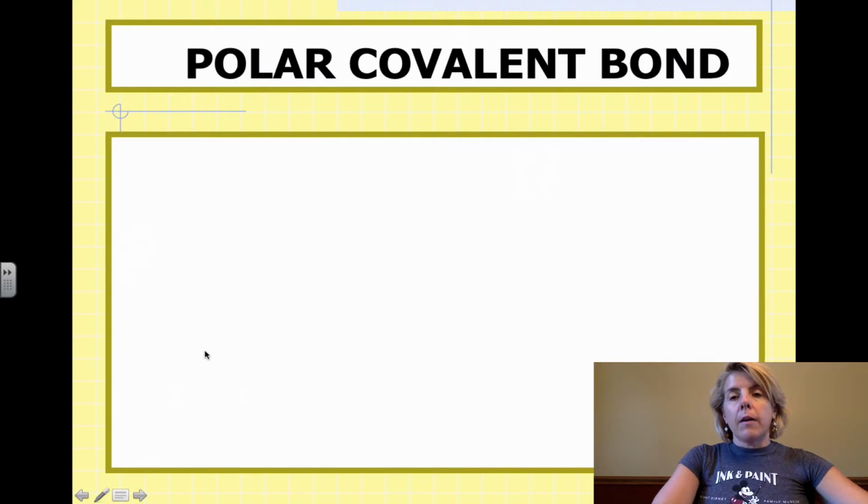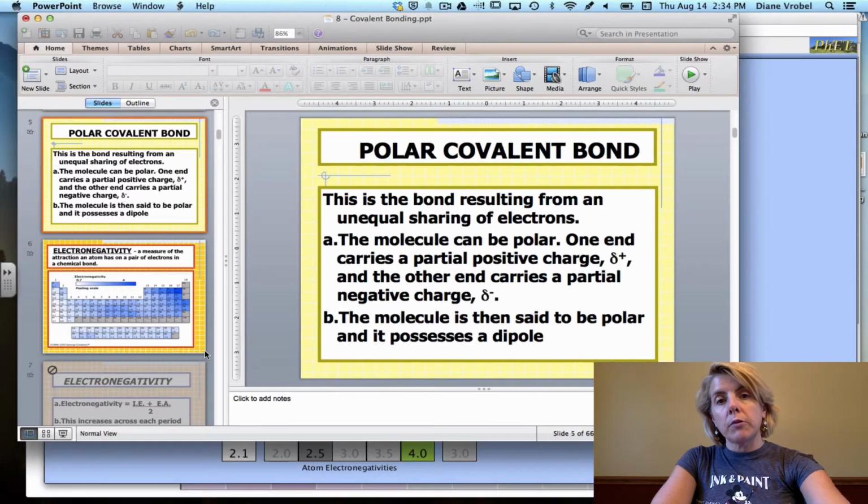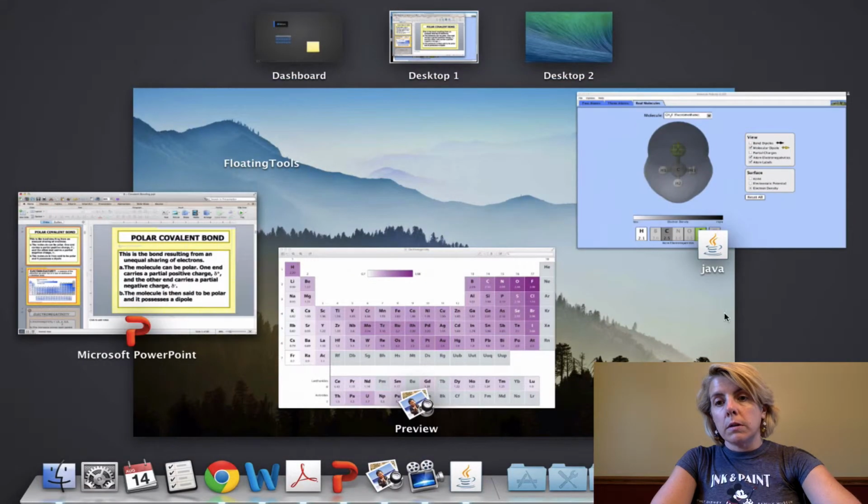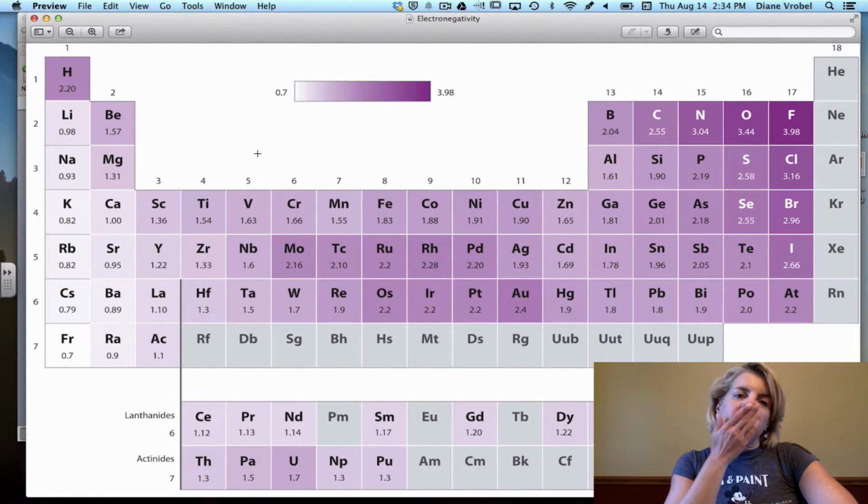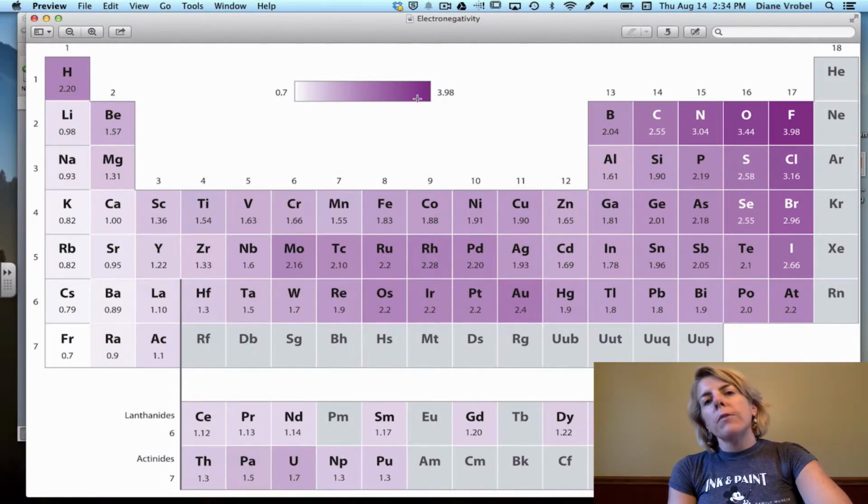Okay, now there actually are situations where we can have polar covalent bond. Now before I do that, I just want to show you this is an electronegativity chart. So notice that wherever you see that dark fuchsia, that's where the electronegativity is the greatest. And if it's more of a faded white or gray color, that's lower electronegativity.